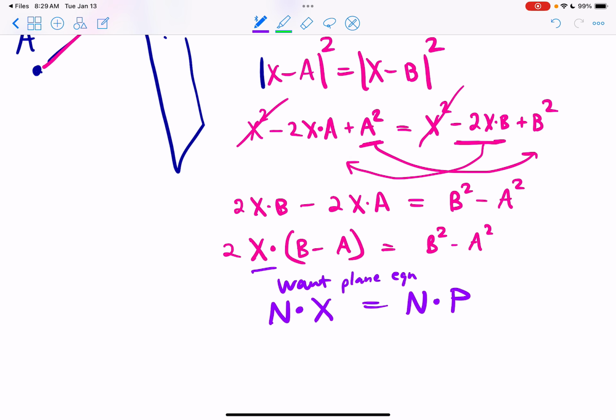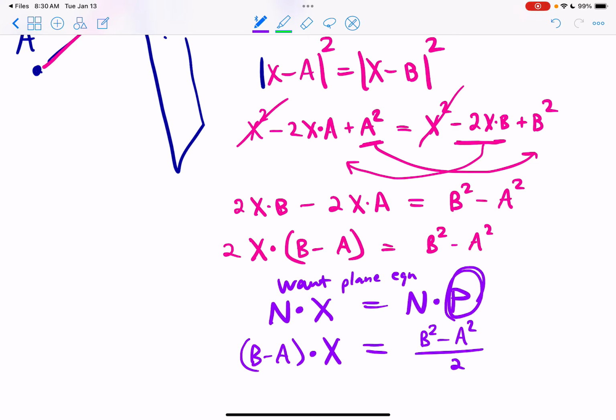So I guess I can switch the order right here. I can also divide both sides by the number 2, and that's fine. So what I'll get is b minus a dot x equals, and now on the right hand side I'll get b squared minus a squared over 2. Now, because I don't know any point on the plane, this is just some number.